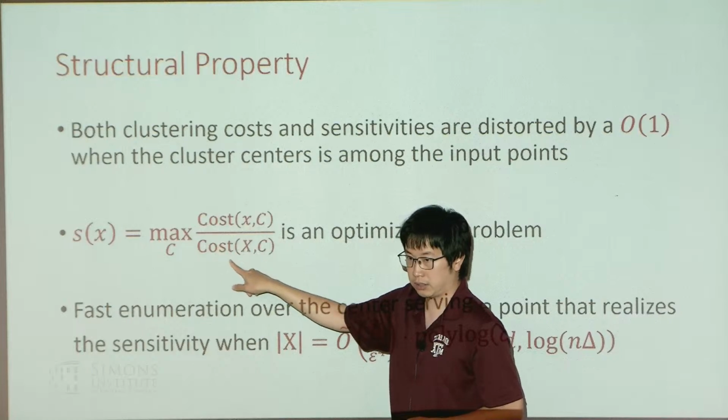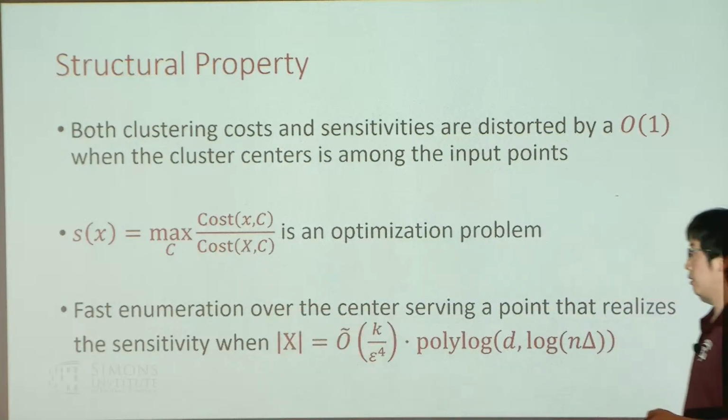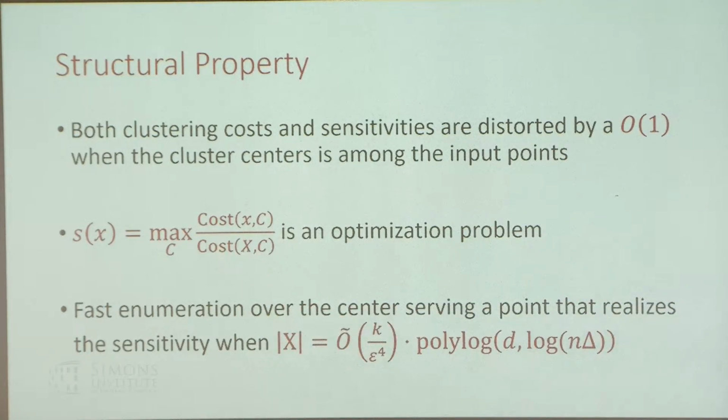The good part is that now we constrain our cluster centers to be among the points in the data set, which means brute force enumeration is much faster, because we only have a small number of points, like k over epsilon to the fourth. So we can actually enumerate over all the centers.